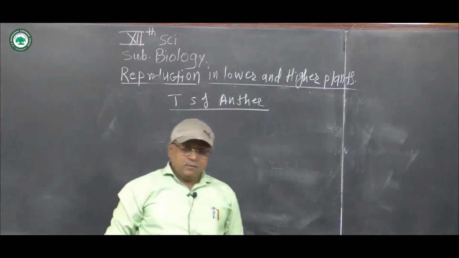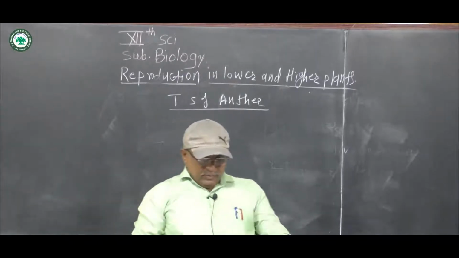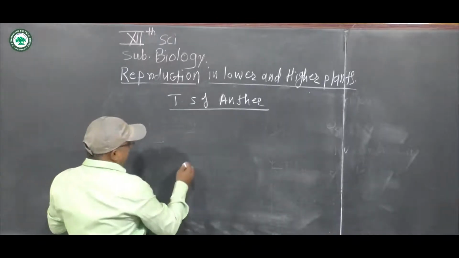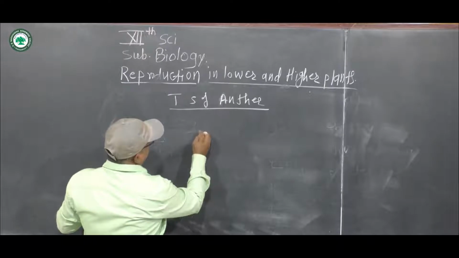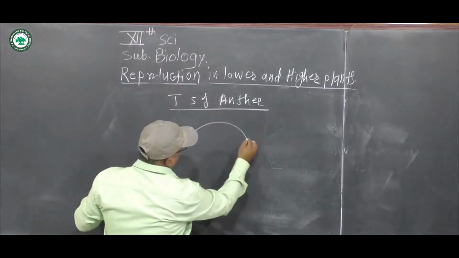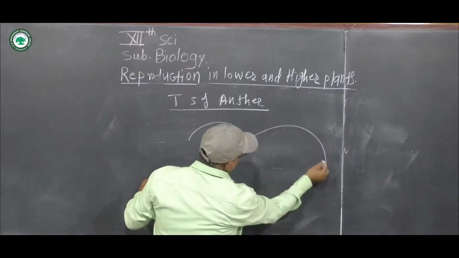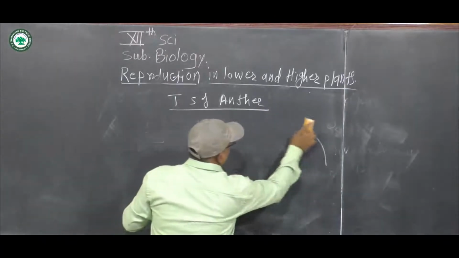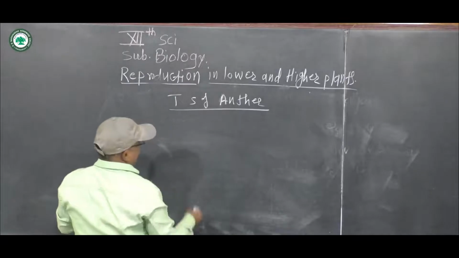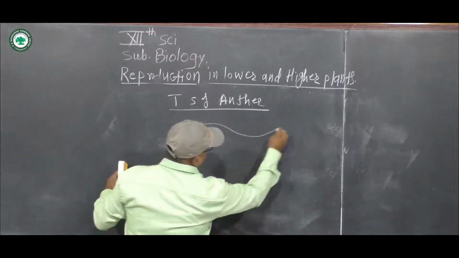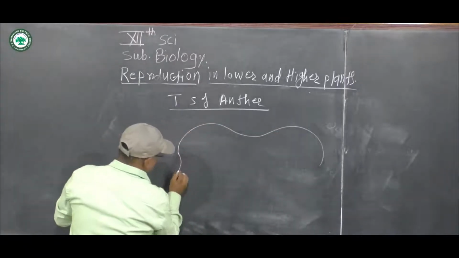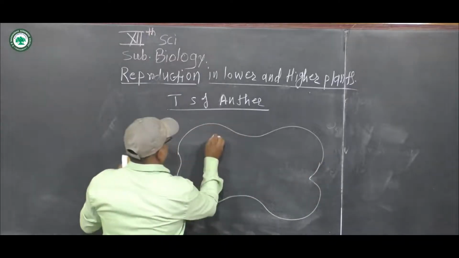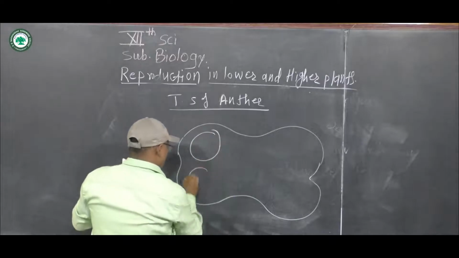You know that anther consists of 4 pollen sacs. Four pollen sacs, like this, 4 pollen sacs are present.